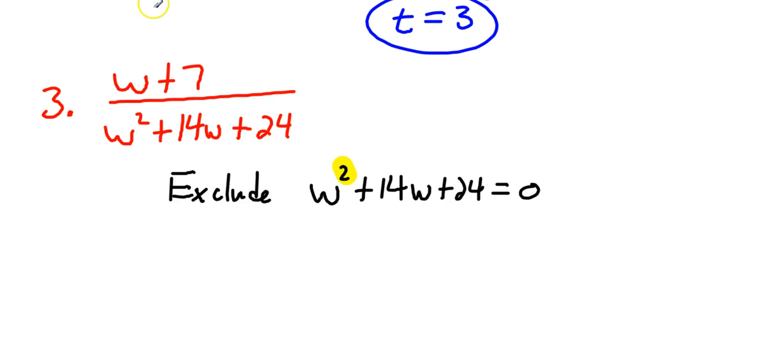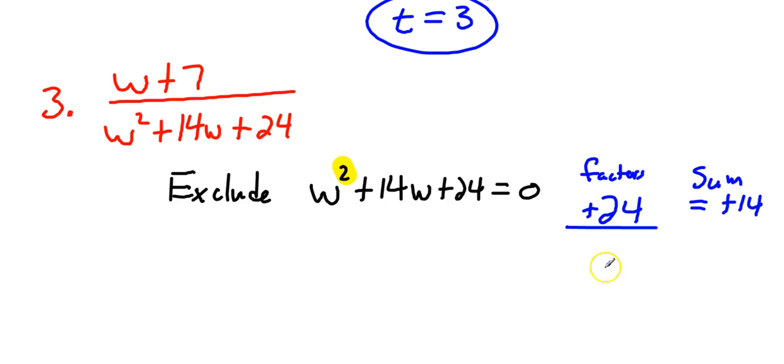So for this one, you're finding the factors of positive 24, where the sum's going to equal positive 14. And again, it's all positive, so it makes it a little bit easier. 1 and 24, 2 and 12, and hopefully right there, that's when you go, wait, there we go, 2 and 12, because 2 plus 12 is 14.